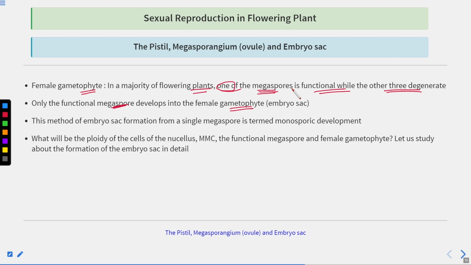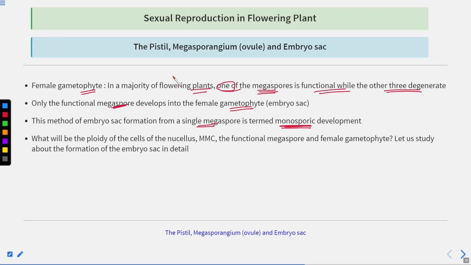This method of embryo sac formation from a single megaspore is known as monosporic development. So what is monosporic development? The formation of the embryo sac from a single megaspore. 4 megaspores were produced after meiosis in the megaspore mother cell, a megaspore tetrad. All these megaspores are haploid, and out of these 4, 3 degenerate and only 1 megaspore divides to form the entire embryo sac.